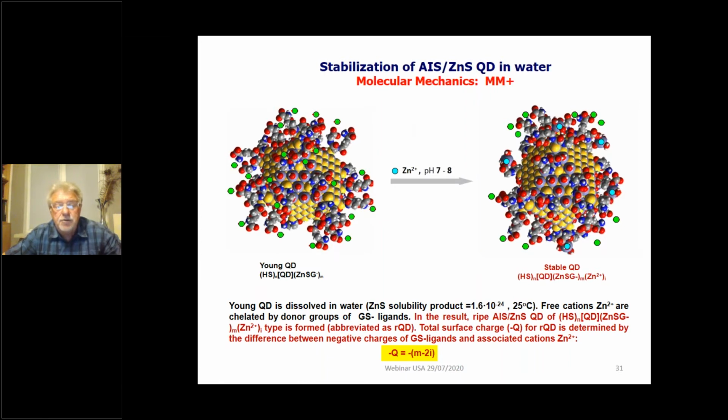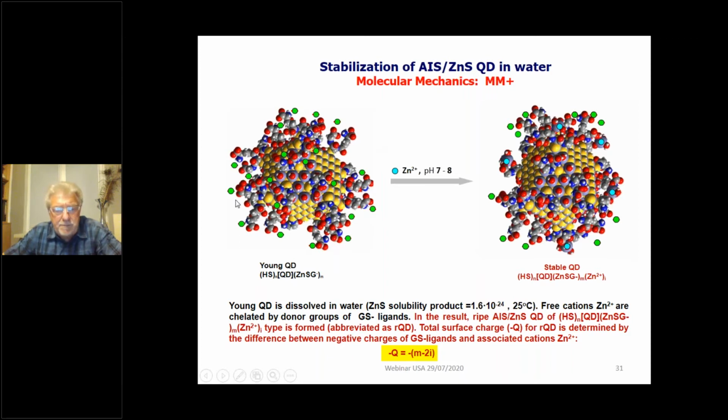In addition to experimental results, we use molecular mechanics in order to present what quantum dot we have in hand. We take into account the crystallographic data of our quantum dot and its size. We prepared the size of the quantum dots according to experimental data.